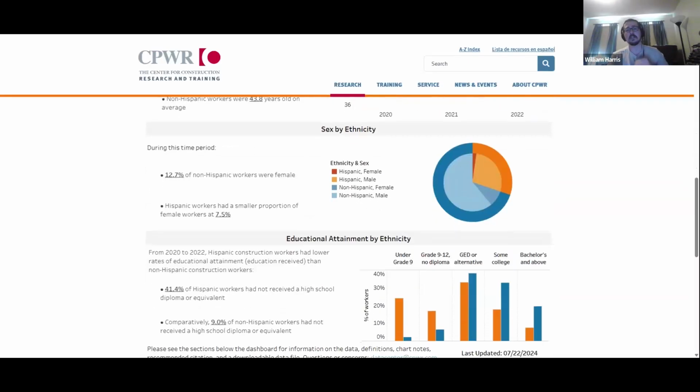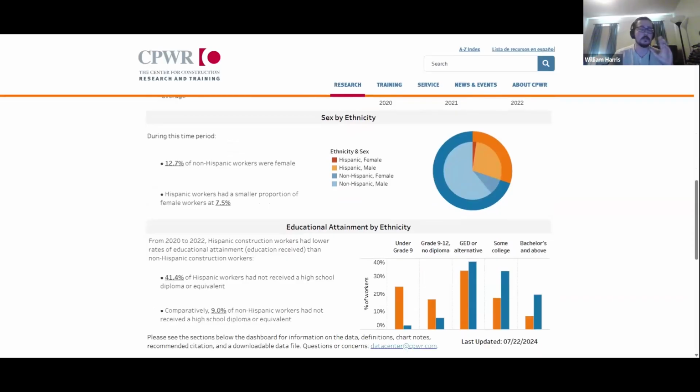During this time period, we also looked at distributions by sex. So we see that of non-Hispanic workers, 12.7% were female, whereas for Hispanic workers, 7.5% were female. So there's some differences in the distributions within these ethnic categories as well.